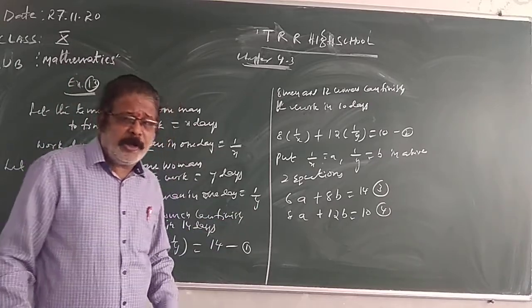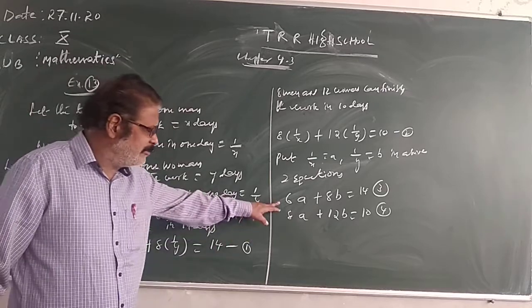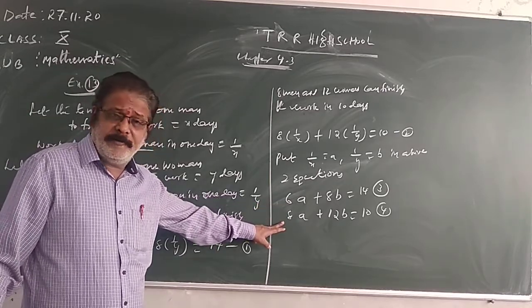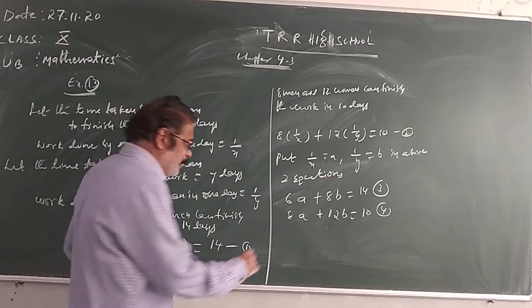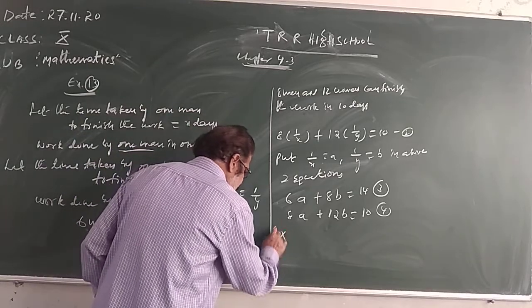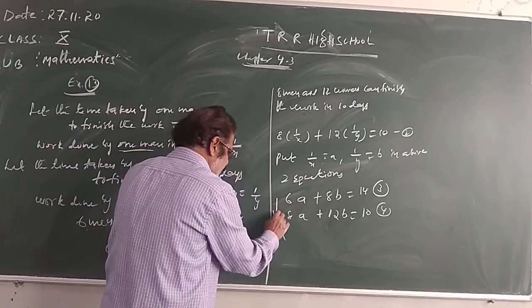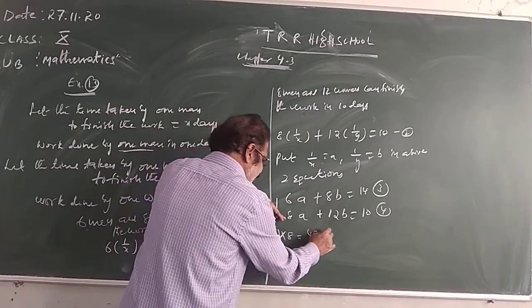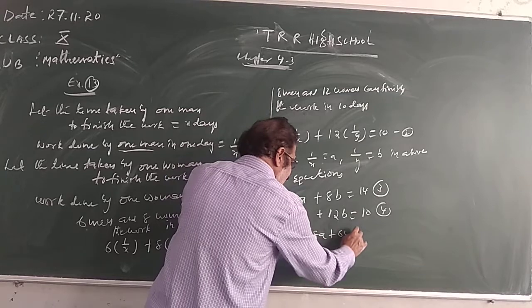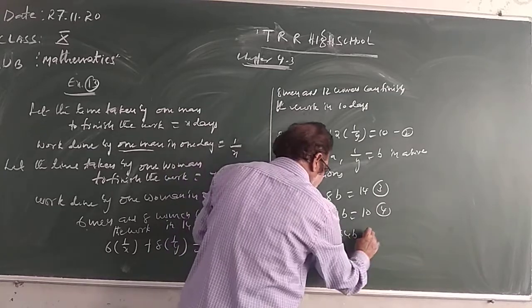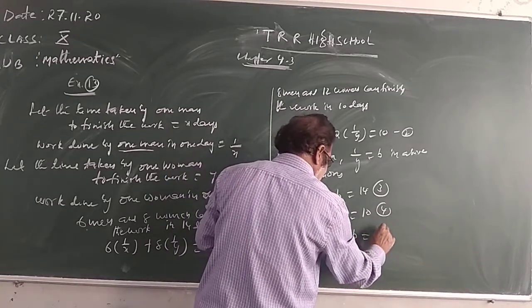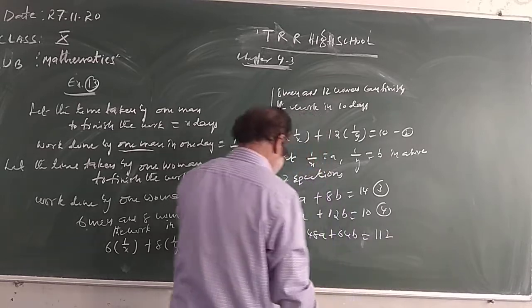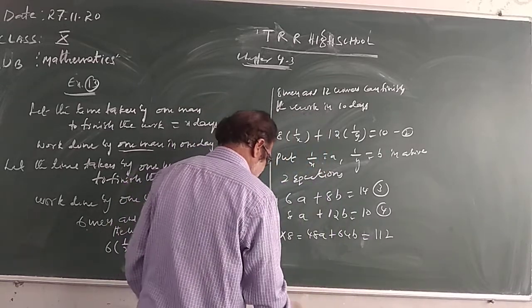Elimination method means you have to make the coefficients equal. 6 is here, and the coefficient here is 8. They are different coefficients, so make them equal. Third equation multiplied by 8: 8 6s are 48a, 8 8s are 64b, equal to 8 14s, 112.